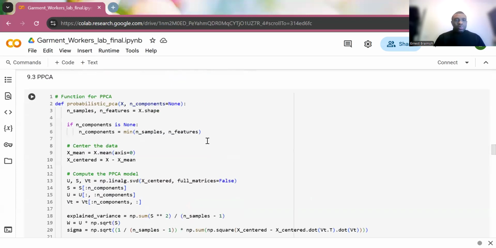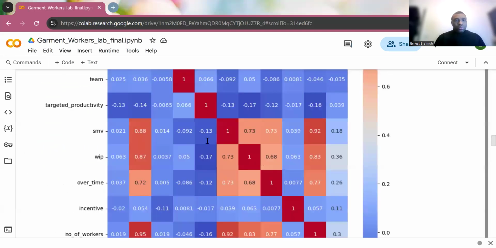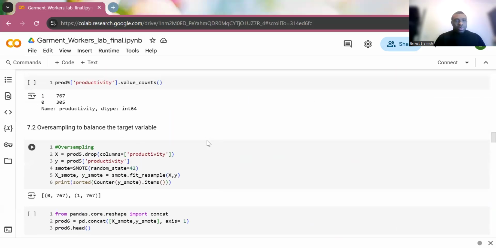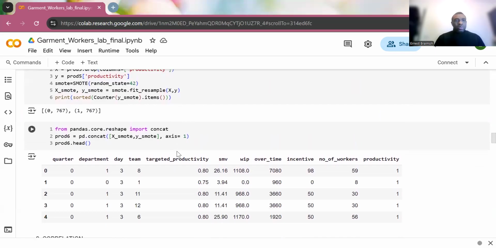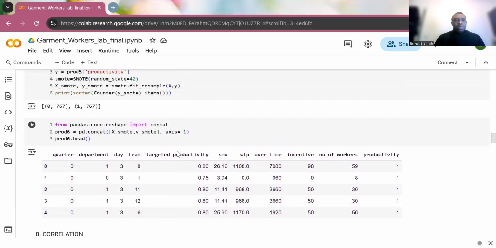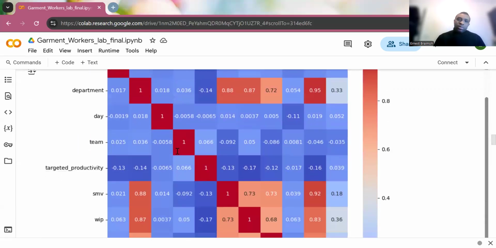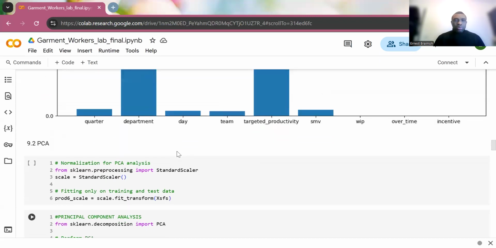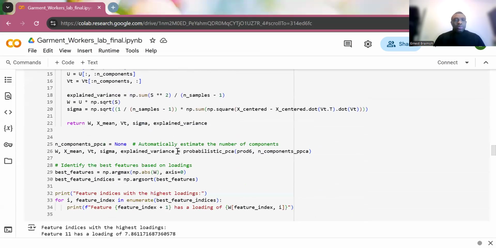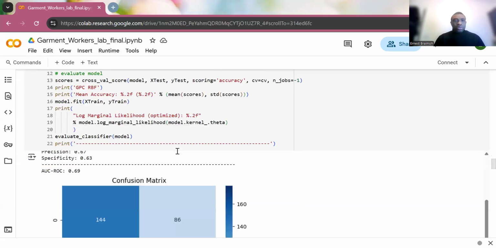You can see the SMOTE oversampling was for the X, whatever we need for the training part. Whatever the target is, it is preserved, but the training part can be worked on. So we have some data. The video should not be too long. More visualization, trying to see what's happening there.